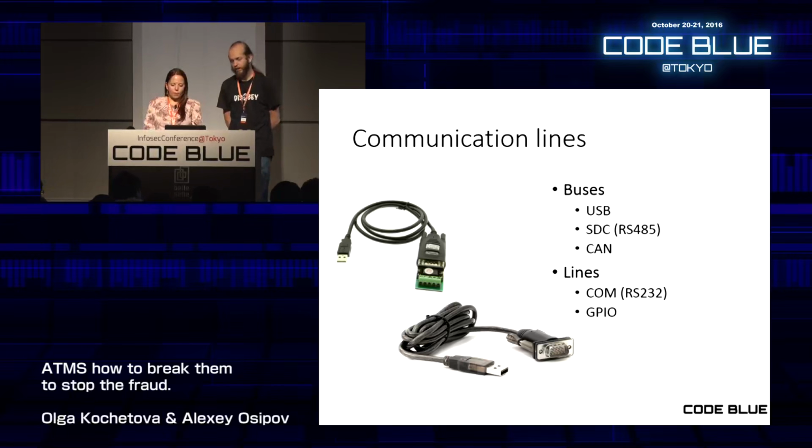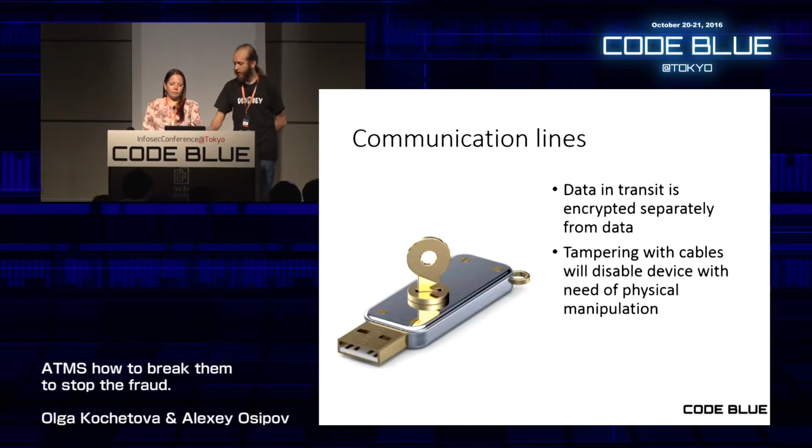These are buses. There are also lines for connecting, like general peripheral input-output interfaces or UARTs. If the device itself doesn't protect the ATM machine or the commands that are sent to it, maybe the communication lines should be protected.